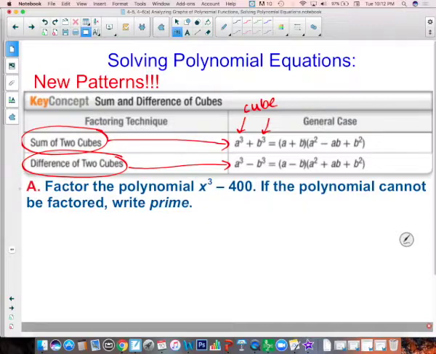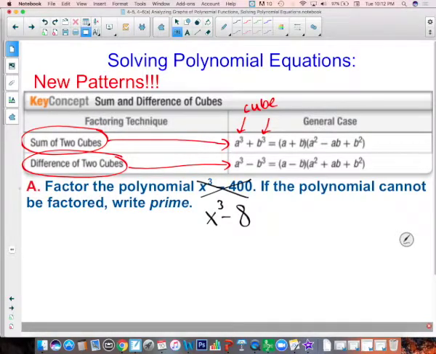Okay, so that one cannot be factored. Now, I'm going to change this, and I'm going to show you one that can be factored, okay? Because 400 is not a perfect cube, and you can't really do anything with that to make it a perfect cube. So, let's change that 400 to an 8.